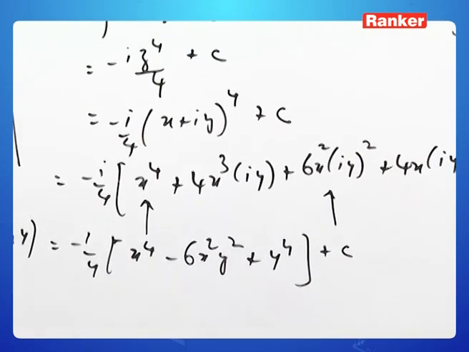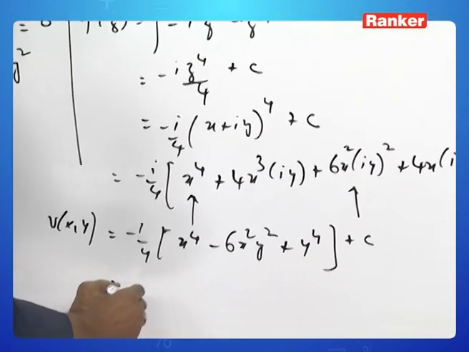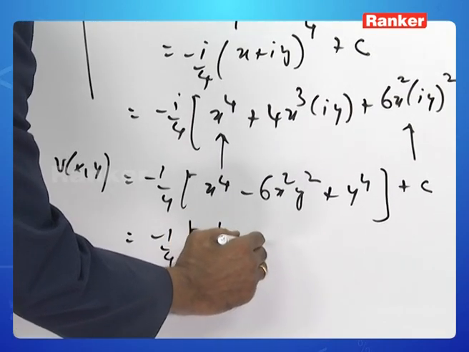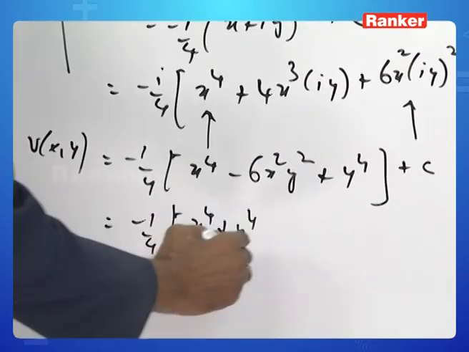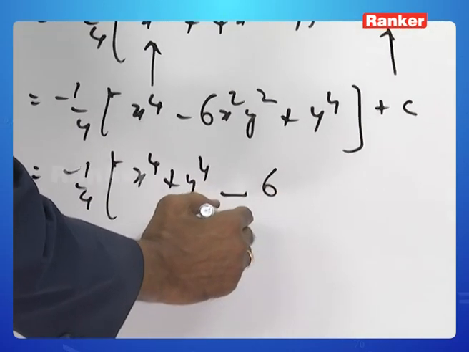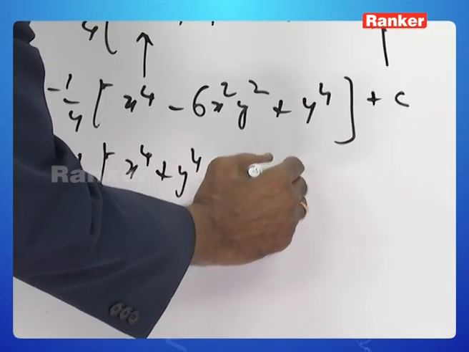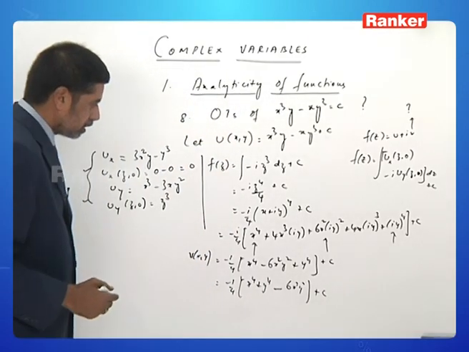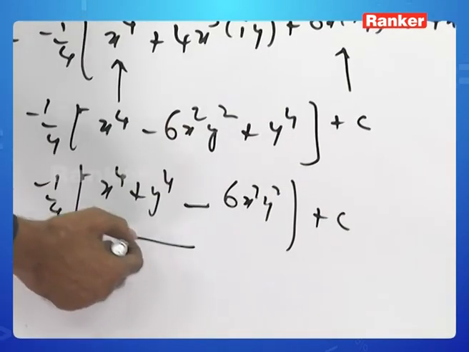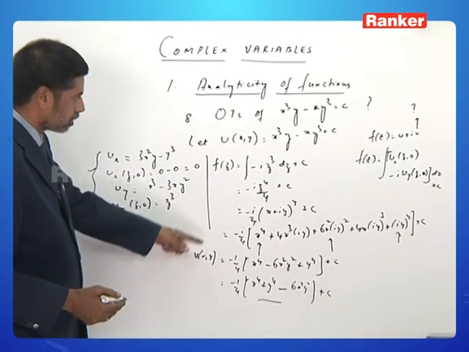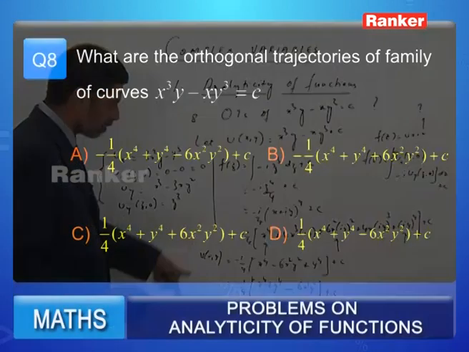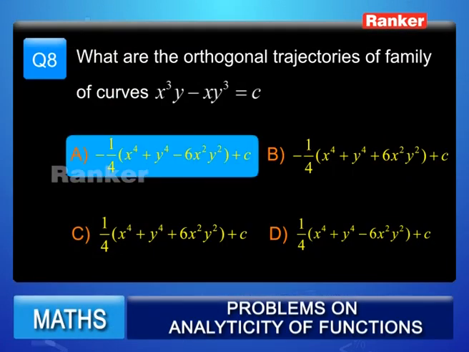So you can find that minus 1 by 4 into x power 4 plus y power 4 minus 6 x squared y squared plus c is the final output. So it is these curves which will be orthogonal to the given family of curves, and we will find that this is available in option A.